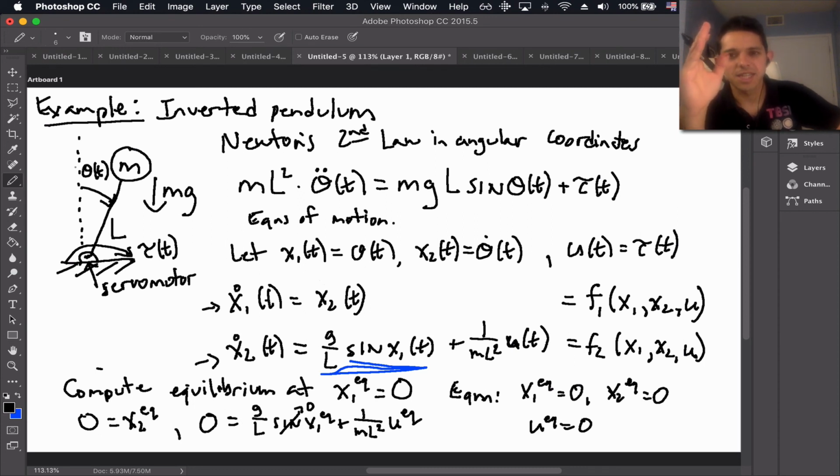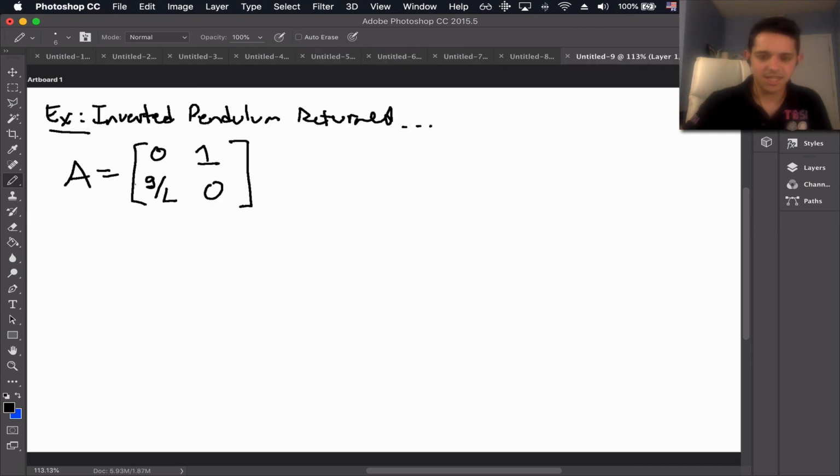If it's unstable, it'll go away from that equilibrium position. The states will keep increasing away from it. Intuitively, for a pendulum in an upright position, if I slightly tap it, it's going to fall down. So you might imagine it's not stable. Let's see if the conditions return what intuition says.